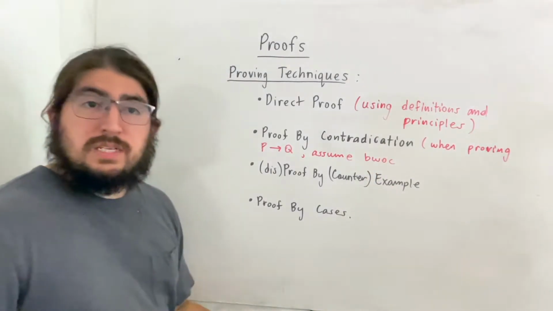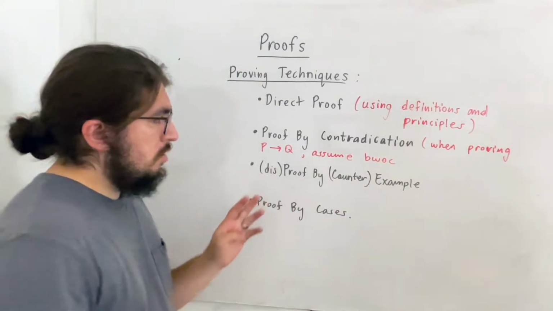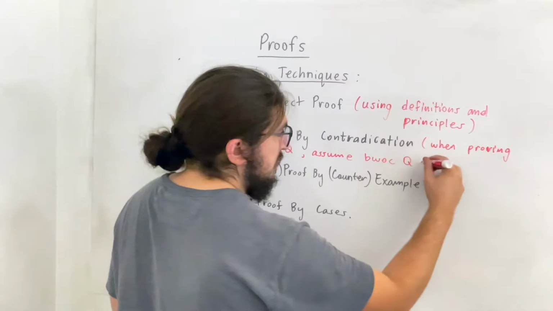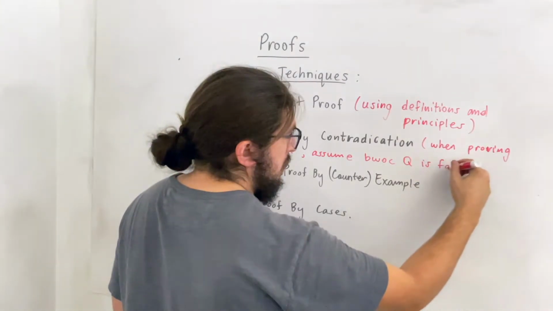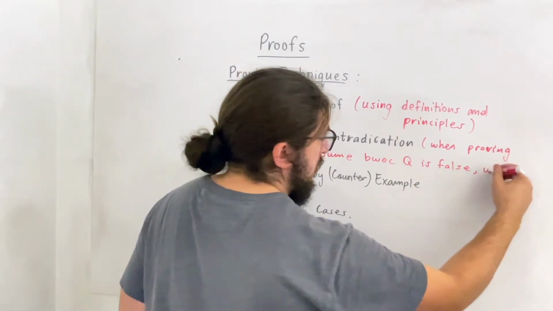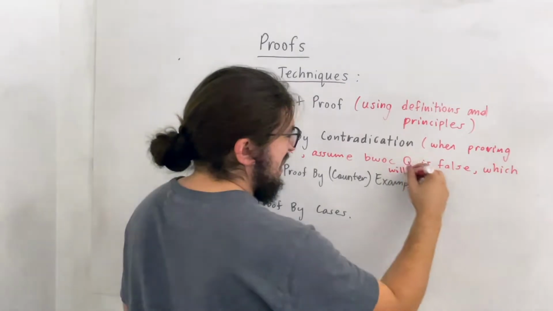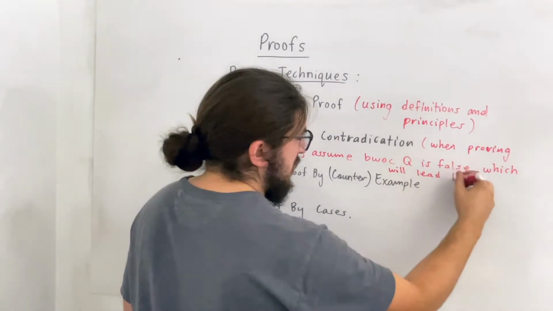You can use that if you want, just for shorthand. That stands for by way of contradiction. So assume by way of contradiction, Q is false, which will lead to a contradiction.